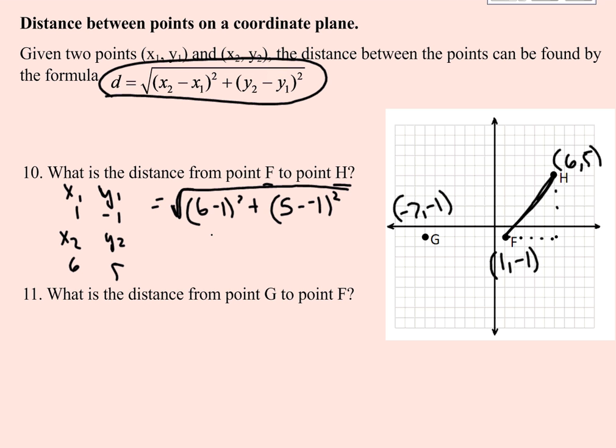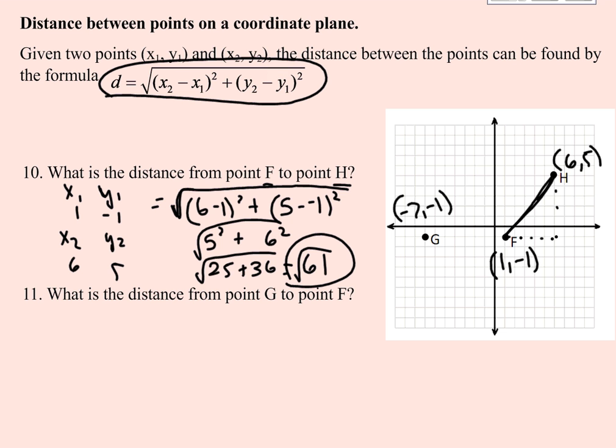So this is 5 squared plus 6 squared, which is 25 plus 36. When I put that together, that's the square root of 61. If I ask for the simplified answer, that's what it is.